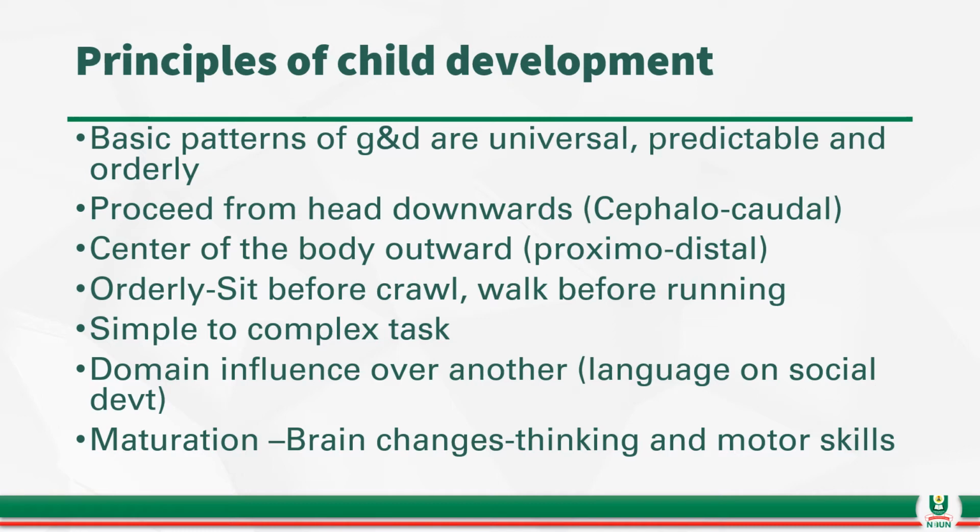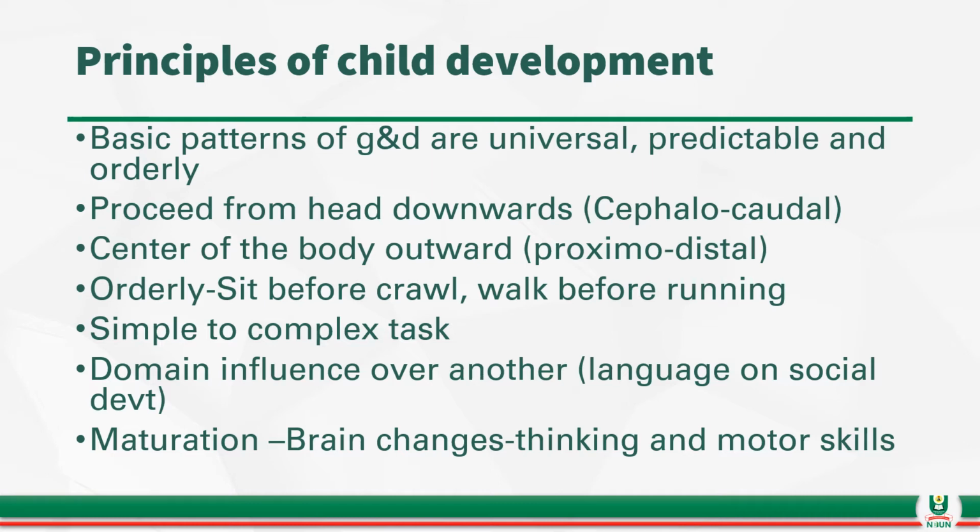And these patterns of growth and development proceed from head downwards, what we call cephalocaudal direction. Cephalocaudal in the sense that a child will learn how to control the head first before learning how to sit and before learning how to crawl and even to walk. So it proceeds from head downwards.